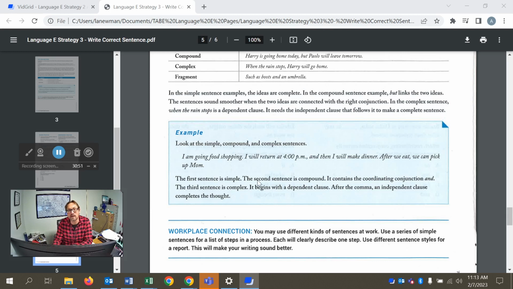So in the real world, it might be a better idea to flip the sentence to have the independent clause first and then the subordinate clause. Why? Because you don't need the comma if you do it, and there's no reason to use commas that are unnecessary. So I would suggest that a writer in the real world probably revise this sentence to, we can pick up mom after we eat. All right.